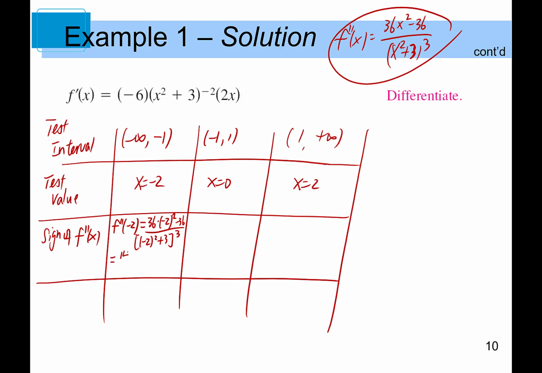On top we have 144 minus 36, and the denominator is 7 cubed. 144 minus 36 is 108 over 7 cubed. This is definitely greater than 0, so it's positive. You don't need to figure out the answer. All you need to do is determine the sign. Once you know the sign, then you're ready to go. So the conclusion for this case: this is concave upward.